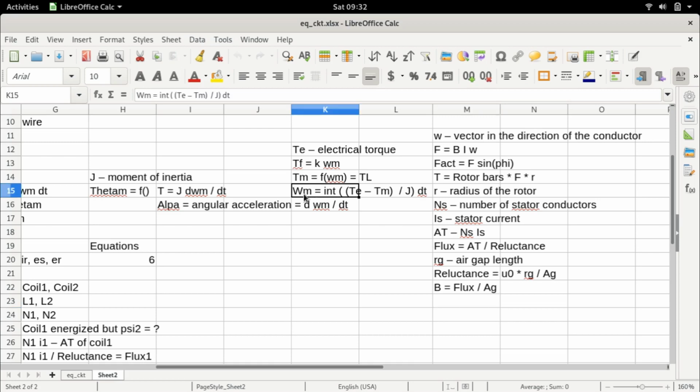Because this equation here, that is omega m equals the integral of (Te minus Tm) divided by J, is the mechanical equation, right? This is basically the rotational equivalent of Newton's law of motion. Newton's law of motion is force equals mass into acceleration, and this here is torque equals moment of inertia multiplied by acceleration.